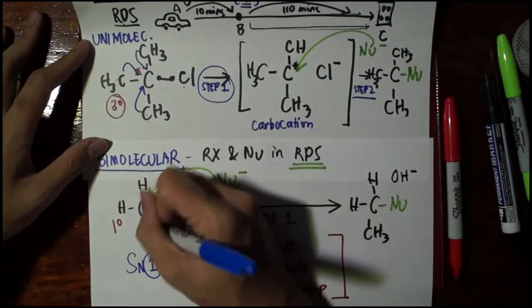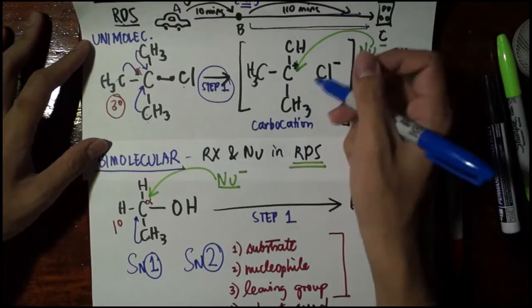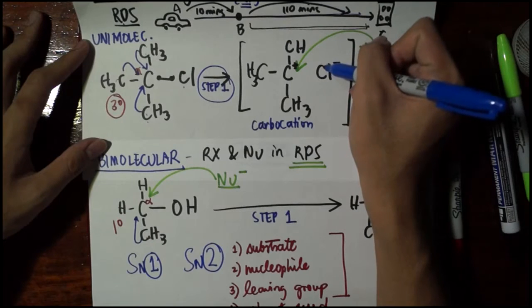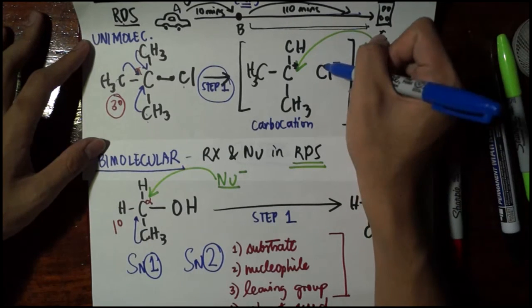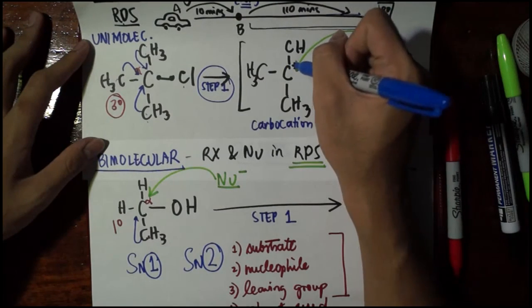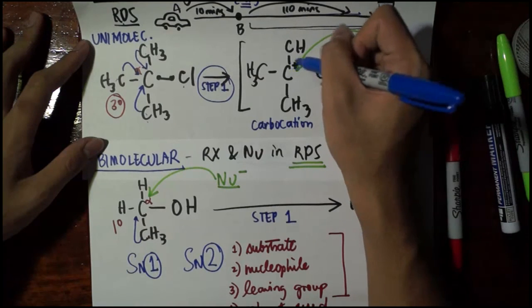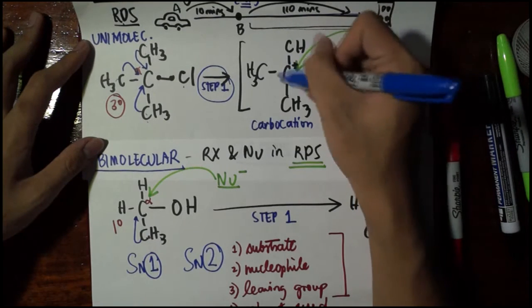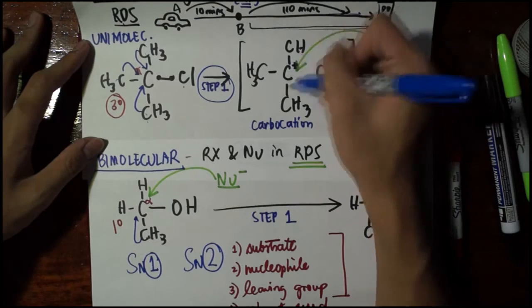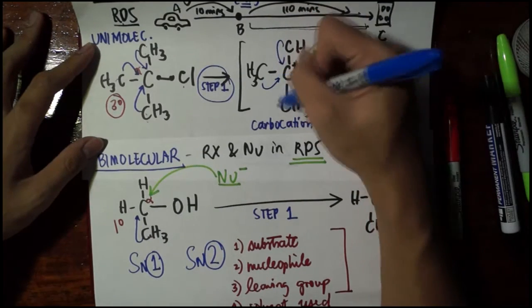Unlike here, the only one that could help this alpha carbon is this carbon. That's why, for example, if the leaving group leaves, let's say that chlorine is a good leaving group indeed, the alpha carbon would have a positive charge, correct? The thing is, the carbon here would say, hey, I'm okay, even if I have a positive charge, if there are no electrons, I'll just borrow electrons from my neighborhood carbons.